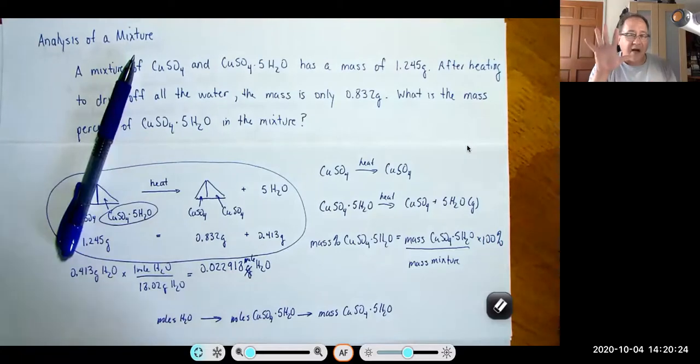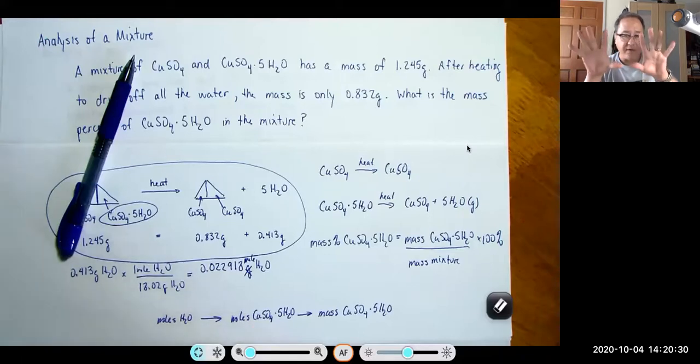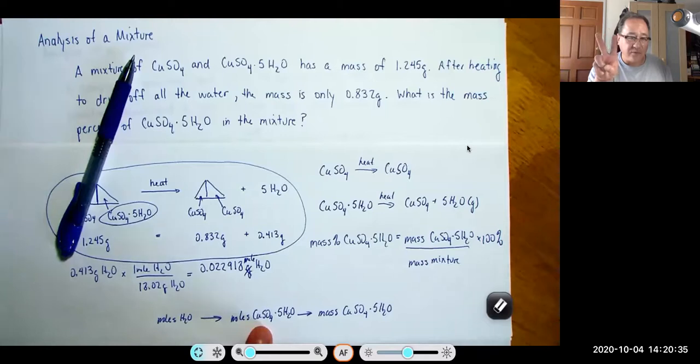Imagine we have 5 moles of H2O. How many of these do we have? 1. Imagine we have 10 moles of H2O. How many of these do we have? 2. So imagine if I have 5 moles of H2O. How many moles of this? 1.